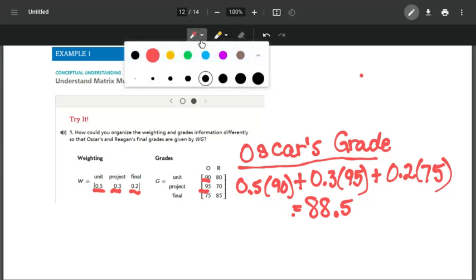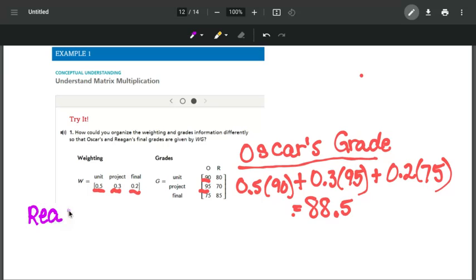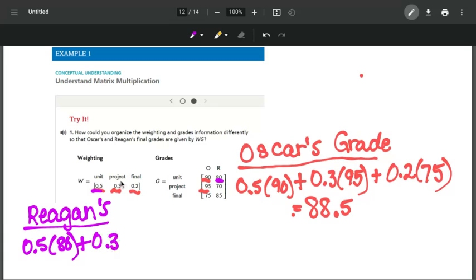Okay. Then if we look at Reagan's grade, to calculate her grade, I would do 0.5 times her unit score, so 0.5 times 80, plus 0.3 times her project score, 70, plus 0.2, which was the final exam weight, times 85%.